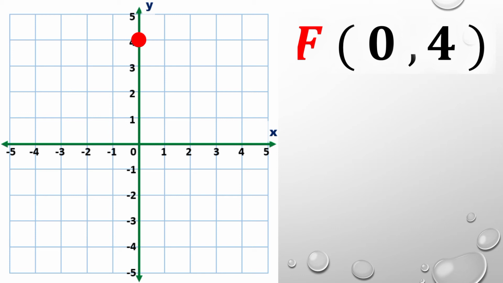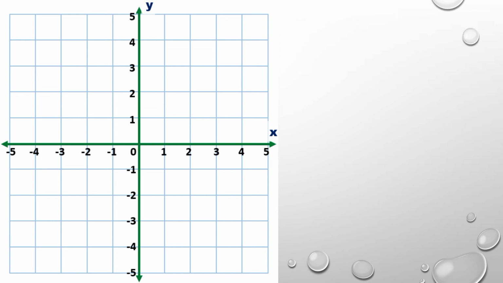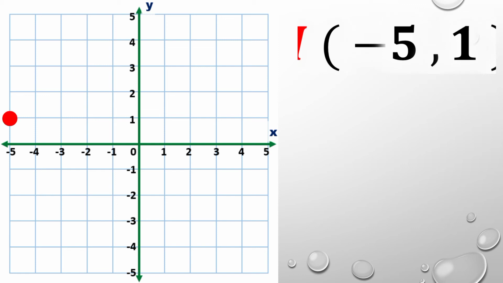It is along the y-axis, positive y-axis. Point G, having 0, 0, it is obviously located at the origin. -5, 1, it is located on the second quadrant.